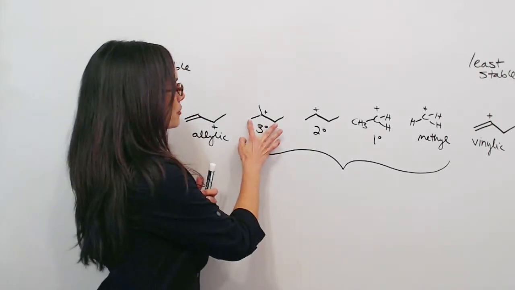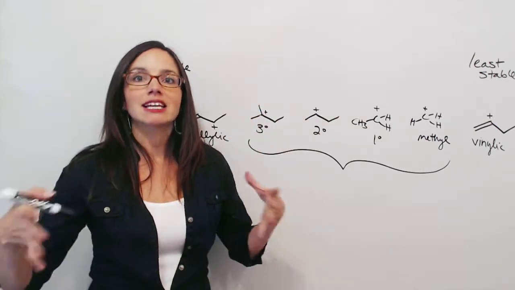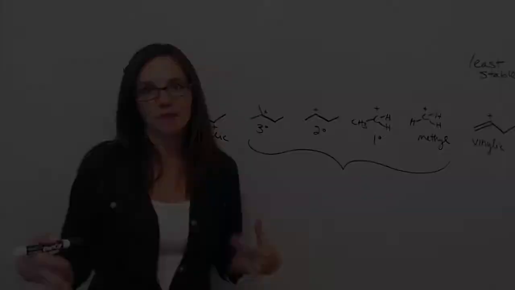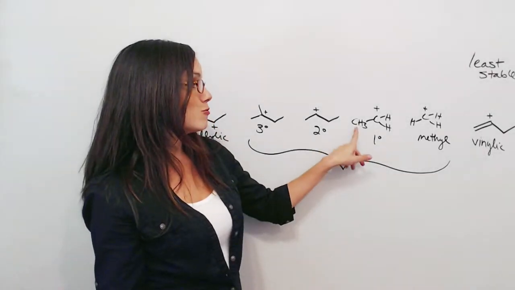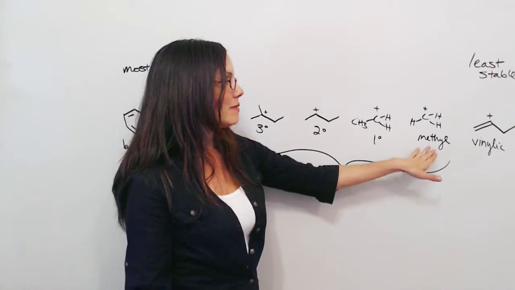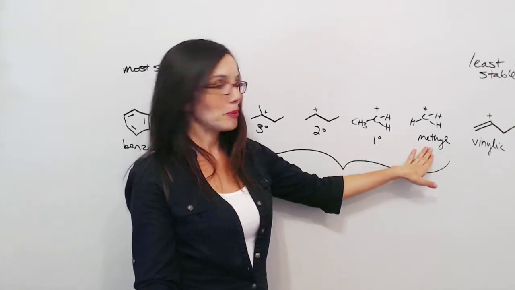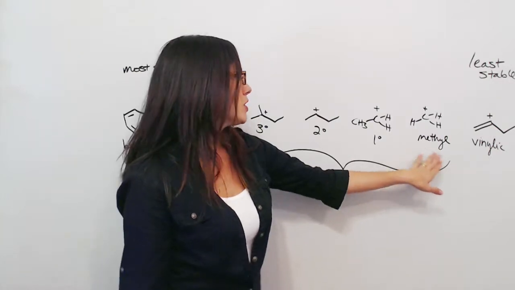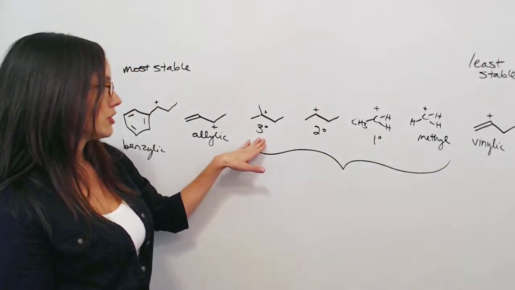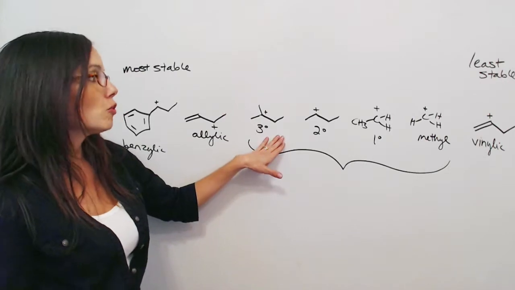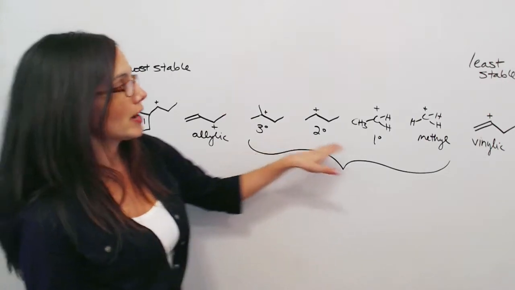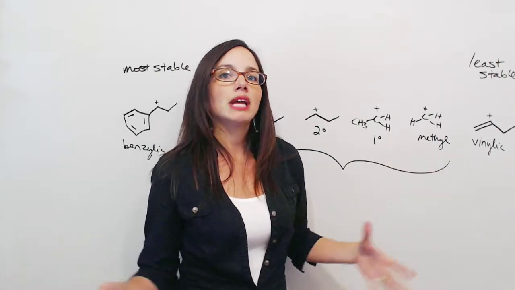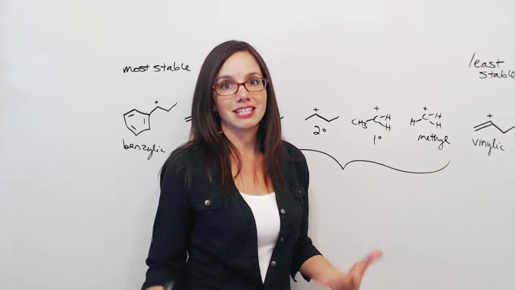And it's got 3 neighbor carbons that can send electrons down the shared bonds to help ease some of its positive charge. Now, a primary carbon only has 1 neighbor to help it out, and a methyl carbon has no neighbors to help it out because hydrogens can't donate electron density down their bonds. So just looking between the methyl and the tertiary, we can see that the tertiary would be most stable, while the methyl would be least stable. This process of donating electron density down the bonds is called induction.